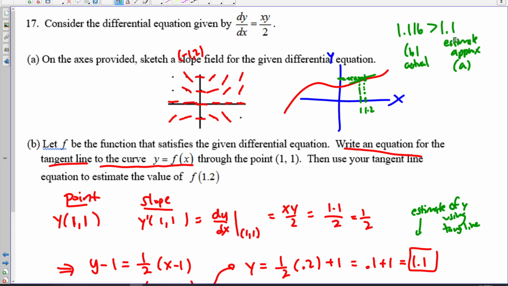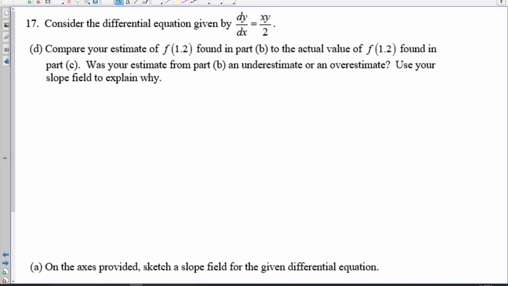So then let's look at this question. The question is, was your estimate an underestimate or an overestimate? Remember, the estimate was 1.1, and that was less than 1.116. So I would say the estimate was an underestimate. Use your slope field to explain why.